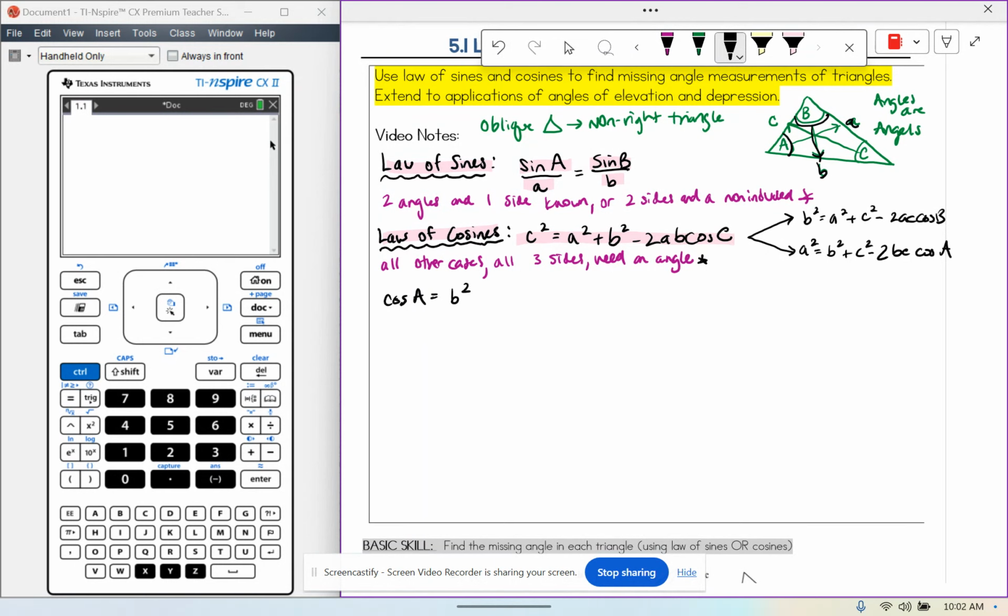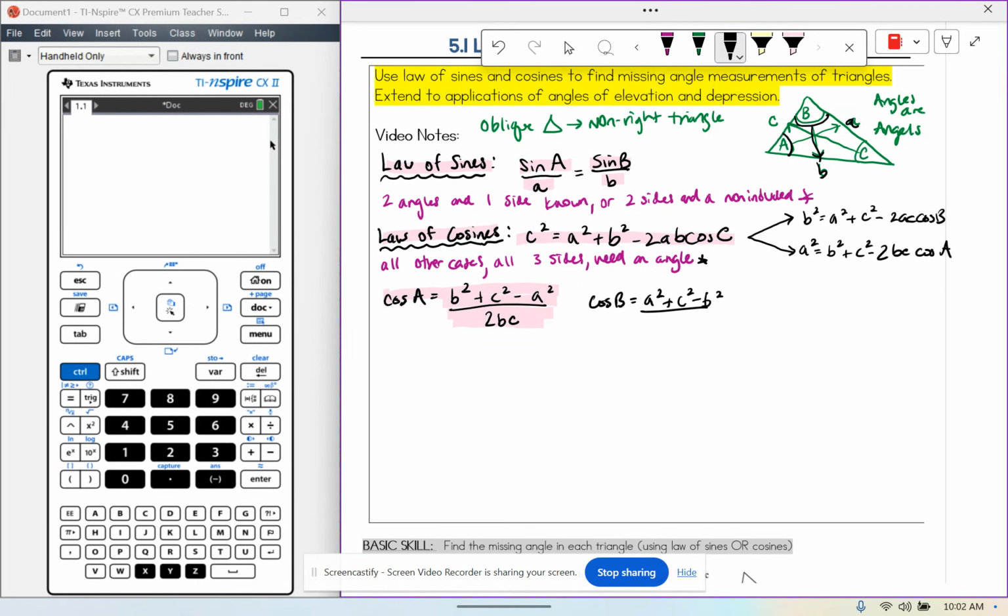We have the cosine of A is equal to b squared plus c squared minus a squared, all over 2bc. Alternatively, like this is the general one, you could see it as cosine of B is equal to a squared plus c squared minus b squared.